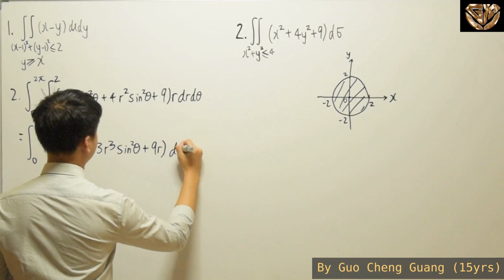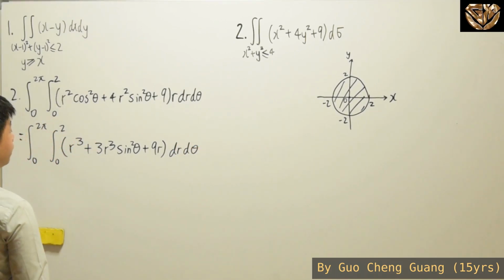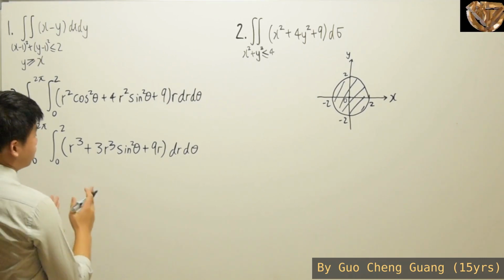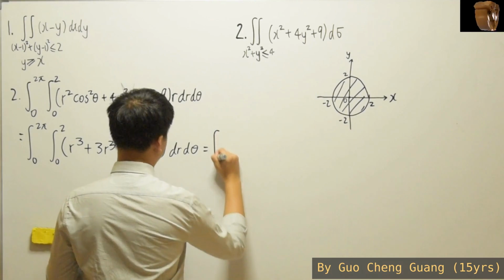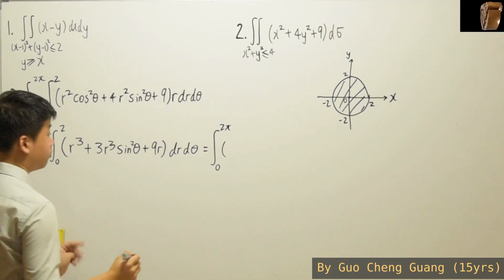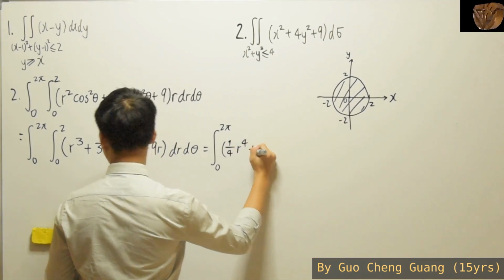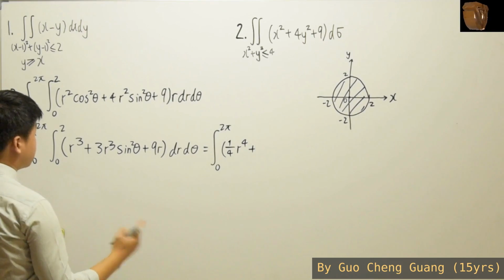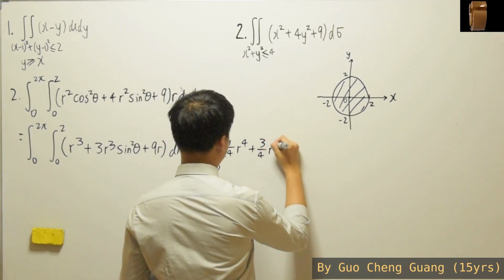Alright, so this will be what you will have to solve. Now, of course, we will look at each of these terms separately. Now, integrate from 0 to 2 pi. The first term, r cubed, it will be 1 over 4 r to the power of 4. Your second term is also an r cubed, which is 3 over 4 r to the power of 4.